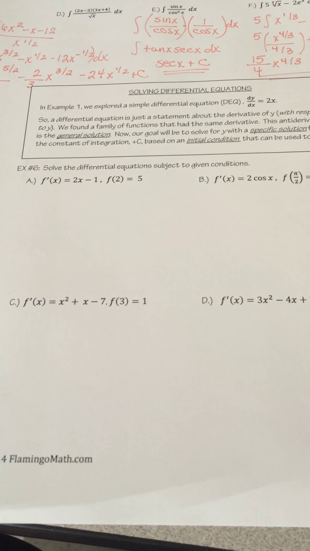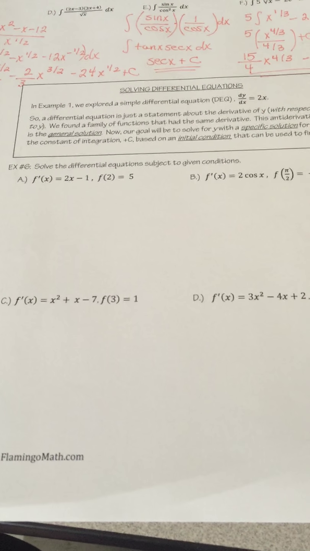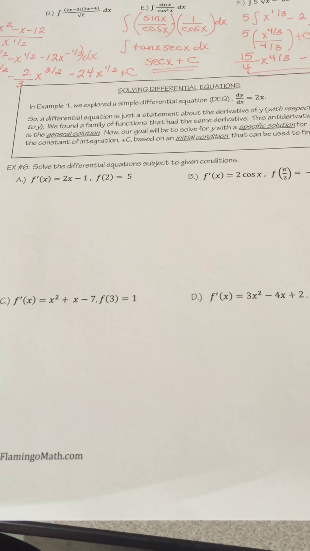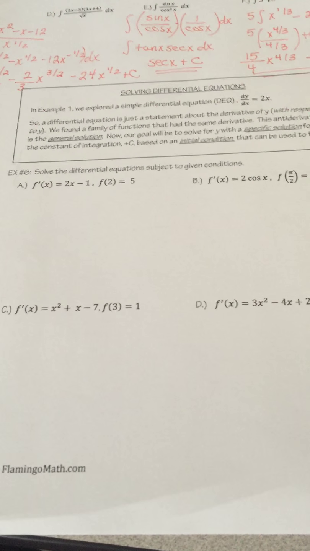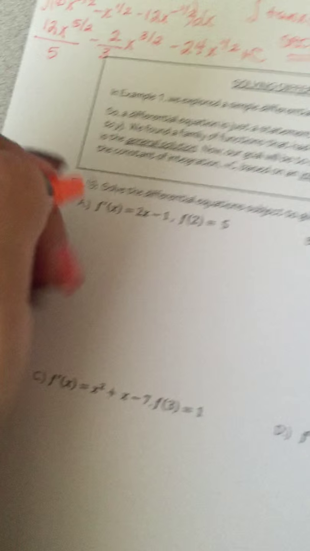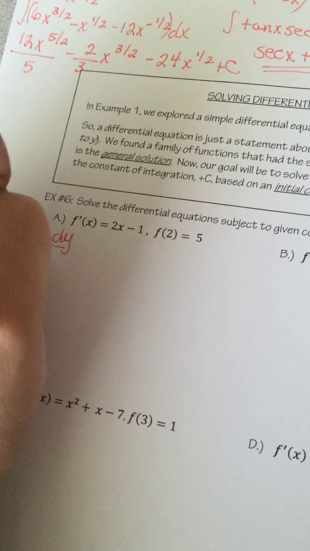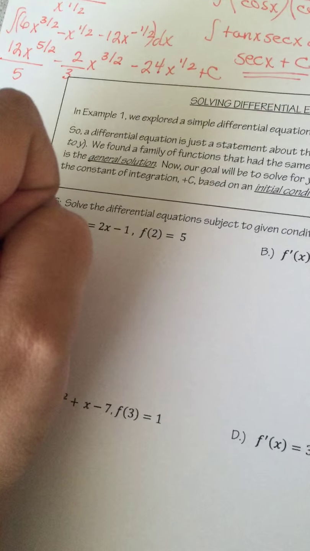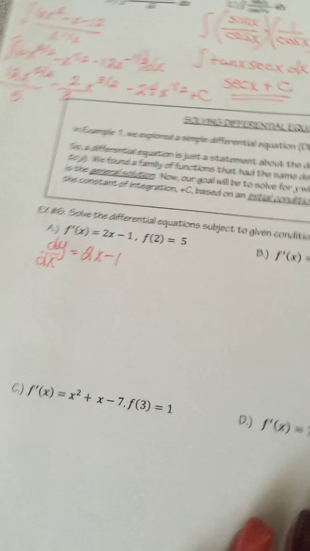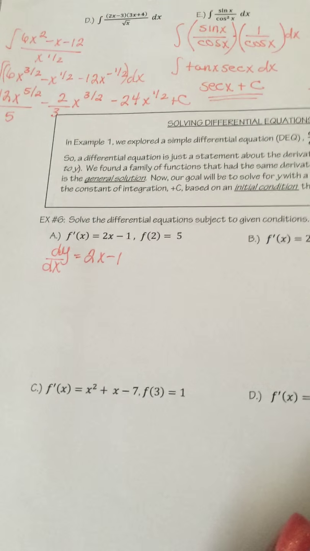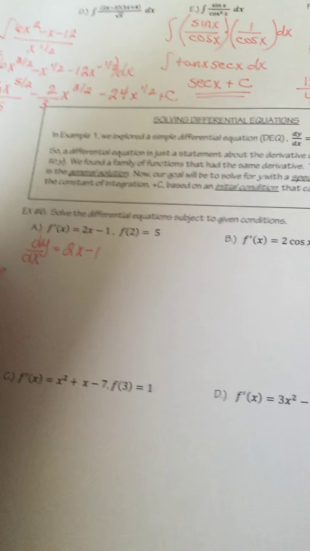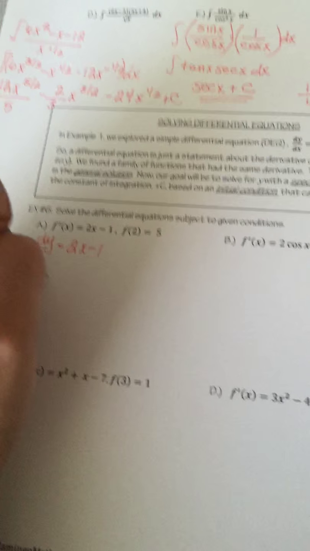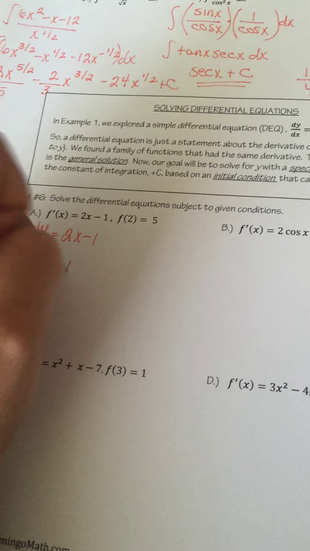You're given that the derivative is equal to 2x minus 1, and the initial condition of f of 2 is equal to 5. So we're going to rewrite it with a dy/dx, because we know that that's another notation for derivative. We're going to send dx to the other side so that dy is by itself and all the x variables are together.